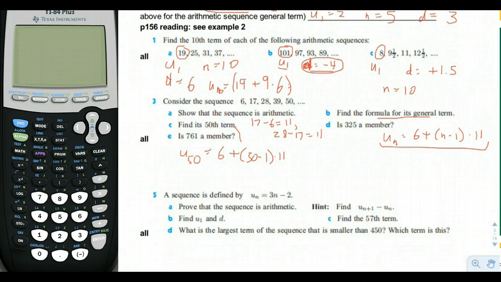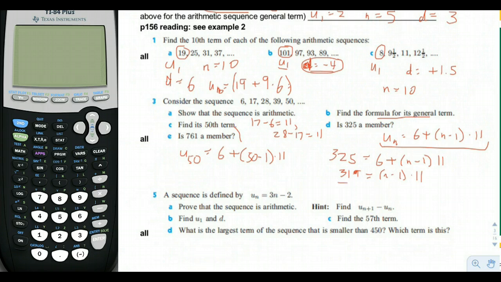D, is 325 a member? So let's see, they're not telling you what member it would be, so you could assume that 325 is u of n, and then you can figure out if you can get a whole number n that works out right here. So you have to do a little bit of algebra here. You would get 319 equals n minus 1 times 11.